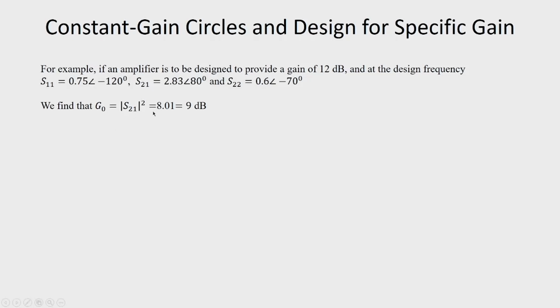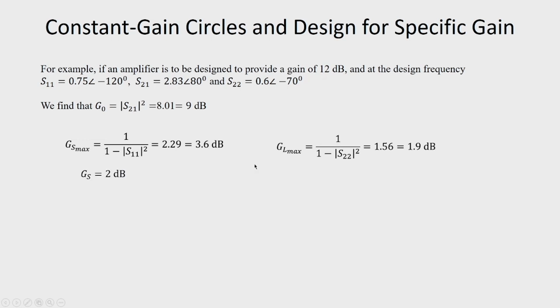G naught is roughly 9 dB, and Gs max is 3.6 dB and GL max is 1.9 dB. So, in order to realize this 12 dB gain, we can choose Gs to be 2 dB and GL to be 1 dB.